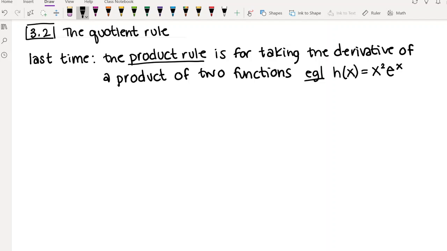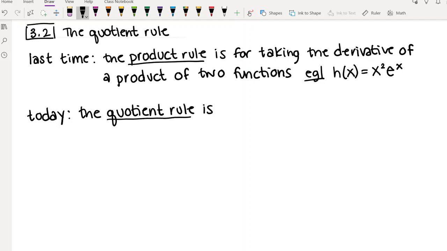So what was the product rule? Actually, sorry, I'll hold off. I'm going to write the product rule down again right before I write the quotient rule because it's very similar and I think it's nice to see them side by side. So today, what we're going to be looking at is the quotient rule. The quotient rule is for taking the derivative of a quotient.